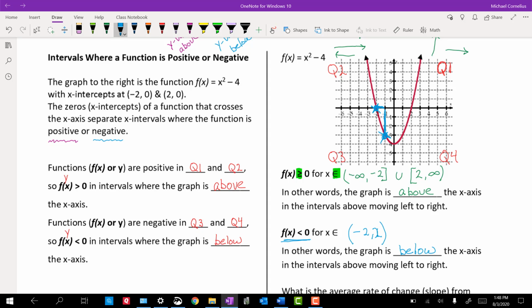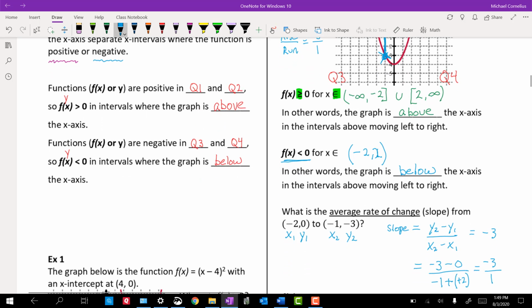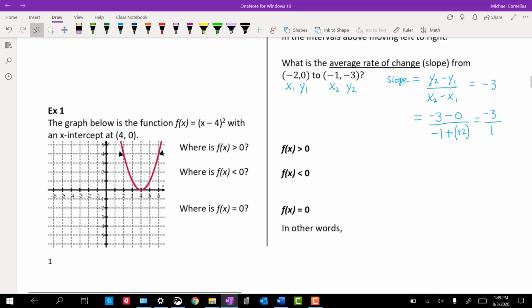There's my slope. Rise over run. My run going to the right is 1. My rise is a drop of 3. So that's another way to do slope. That's what it means to find the average rate of change.